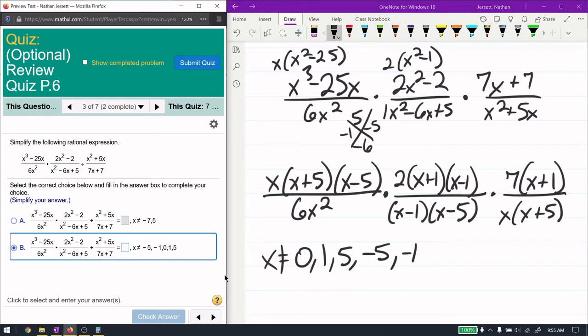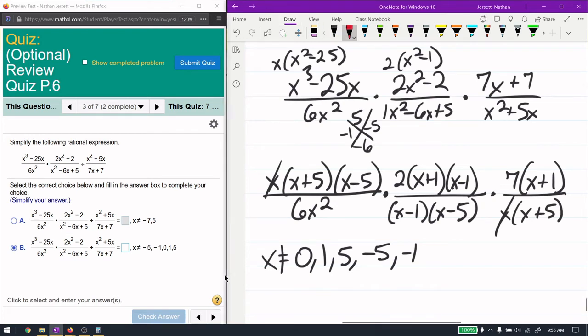B has all those parts. Now we can cancel like terms here. Excuse me. We have an x and an x. We do it in red here, x plus 5 and an x plus 5, x minus 5 and x minus 5. What else we got?